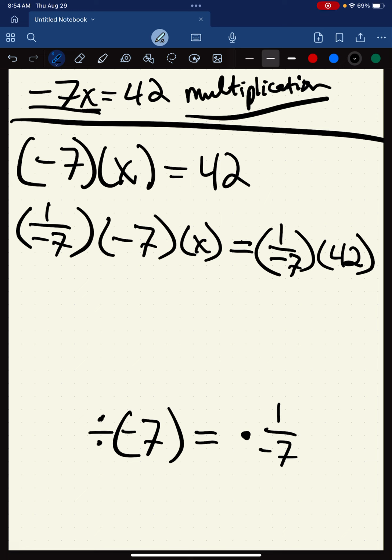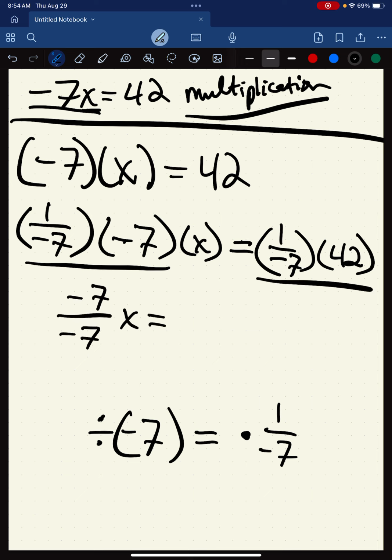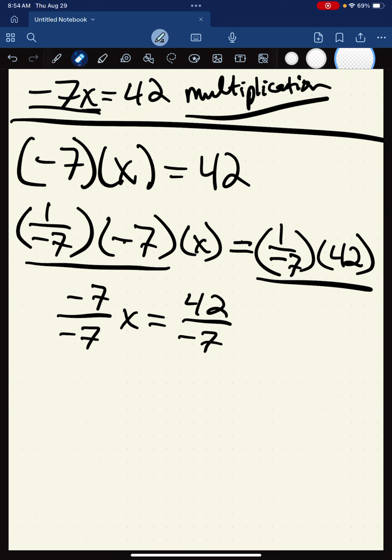And we can kind of clean this up. We can combine these two terms and say negative 7 divided by negative 7 times x. And we can combine these two terms and do 42 divided by negative 7. Negative 7 divided by negative 7, remember, this is the case where we have a over a times x.